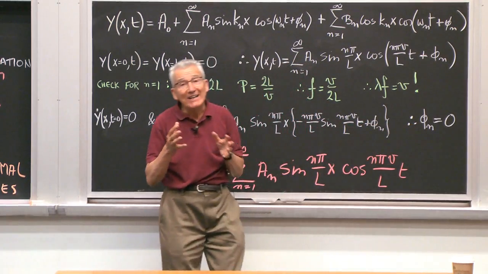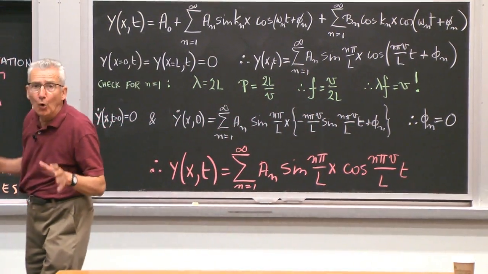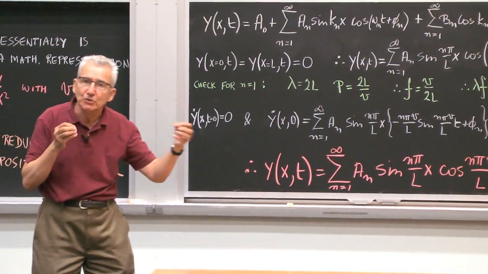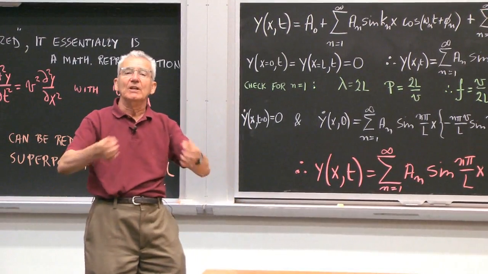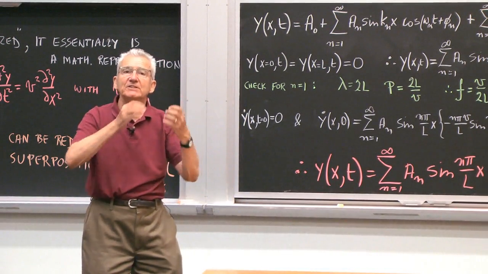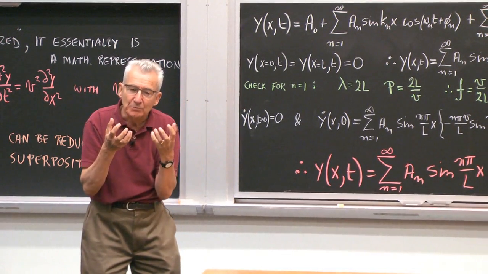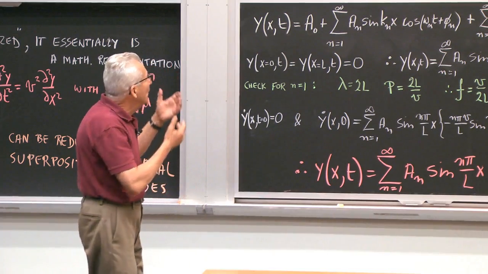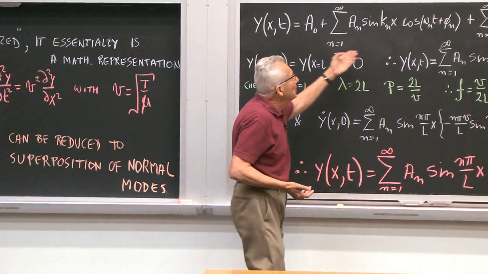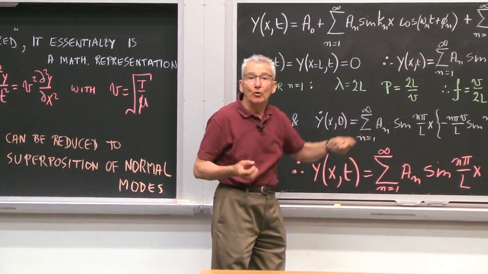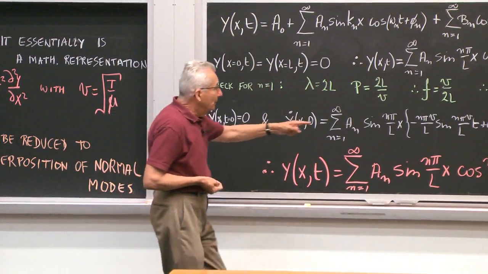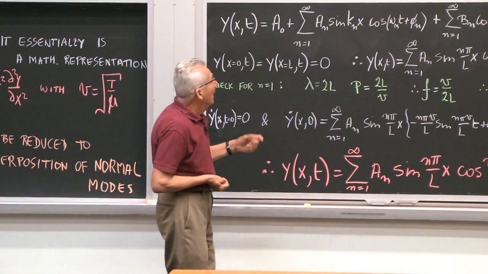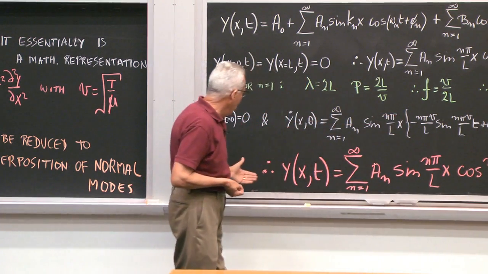So notice gradually, by making use of all the information we have about the situation, what string it is, where it's attached, how long it is, what its motion is at t equals 0, we're gradually getting rid of the constants or determining them. Now that phi_n is 0, I go back to this and rewrite the equation.